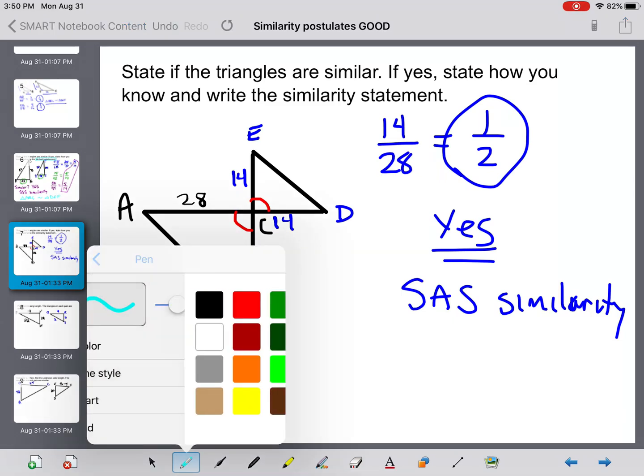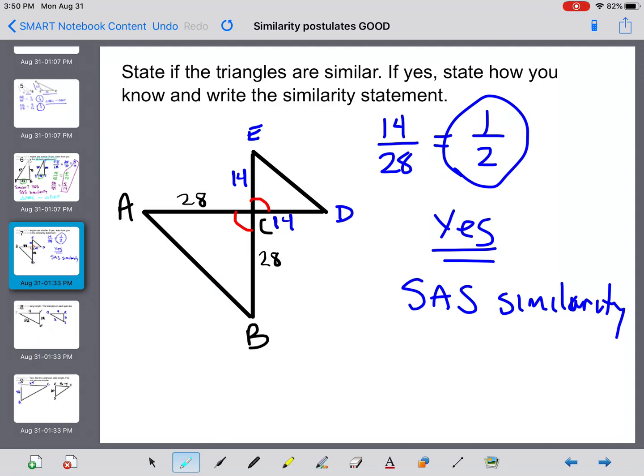And our similarity statement that we need to write would be triangle ACB would be similar to triangle ECD.